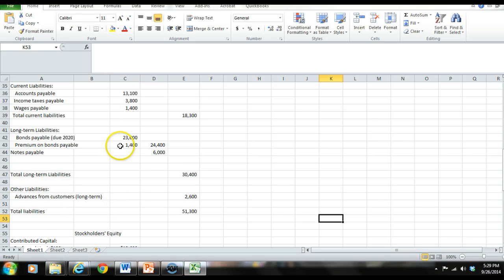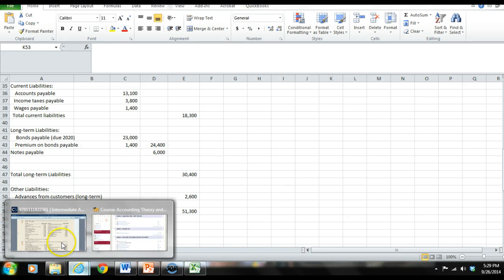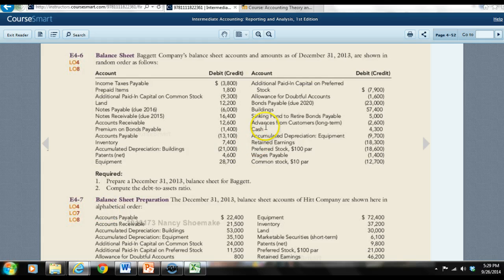In addition to our notes payable, we will also have an other liability shown on the books as advances from customers long-term for $2,600. Generally, advances from customers are considered short-term or current liabilities. In this case, it stresses that these advances are long-term.